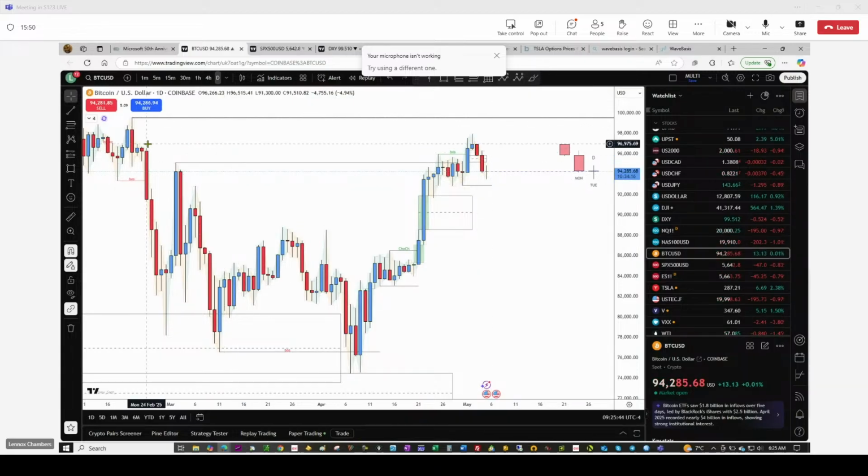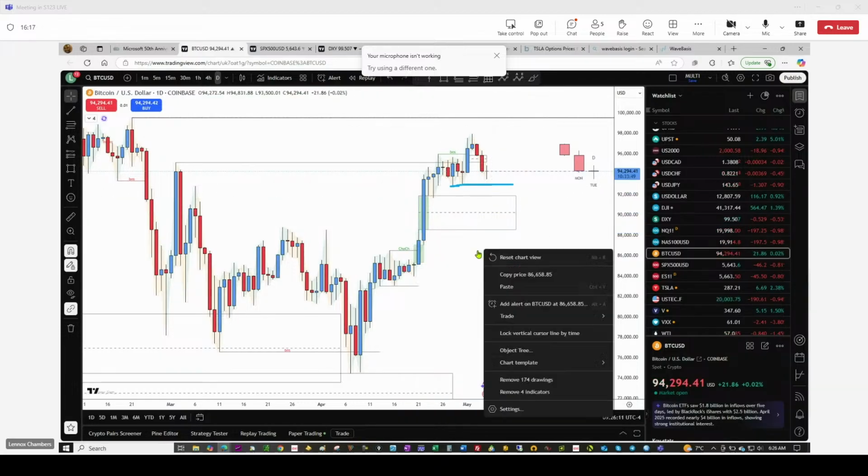I thought perhaps on Friday we might have challenged 100,000, but we didn't quite make it. Now we've pulled back. So do we make another run for 100,000 again this week? That's a total possibility. But right now we're weak, so we could be going down a little lower first.